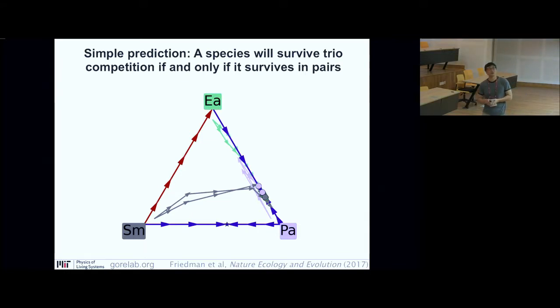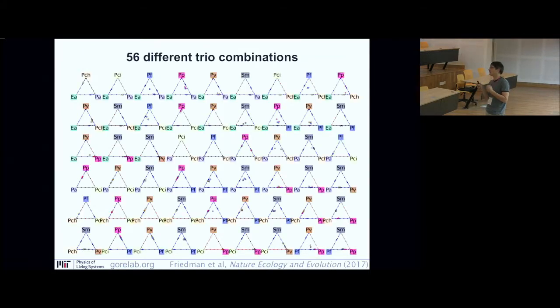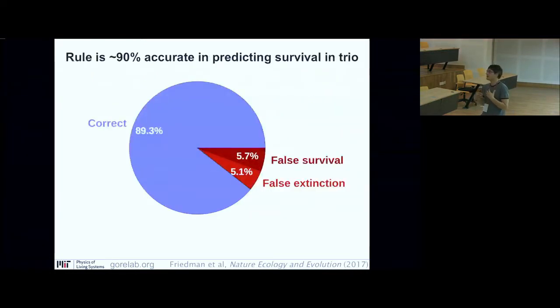So then what we do is we go and we make lots of measurements. There are choose 3 trios, and we do all of them. For all of them, we start in those different locations like I showed you before and look to see what happens. The basic statement is that with 90% accuracy, that simple assembly rule that I told you about will predict the survival of a given species in the trio.